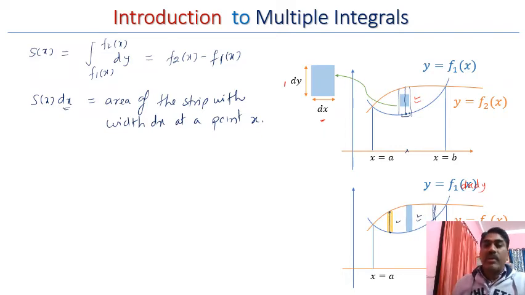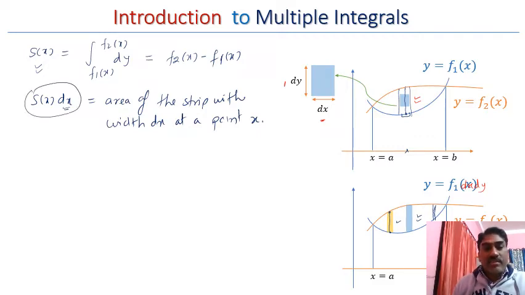So we find the elementary strip areas if we consider S(x), meaning the integral from f1 to f2 of dy. Now we have found the area of one strip, and in the earlier method also we found the area of one strip.